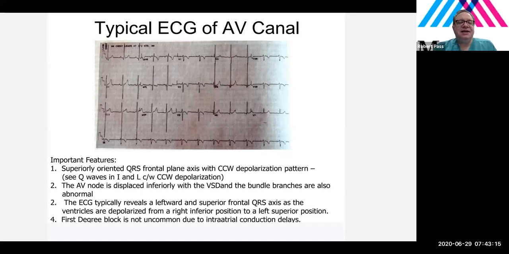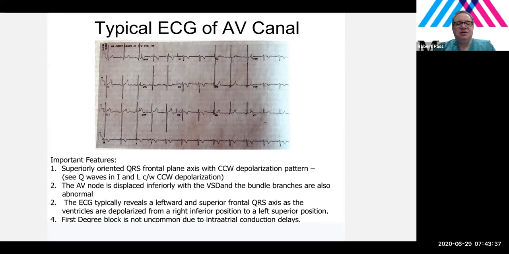We always are looking at the EKG when the echo suggests something other than an AV canal type defect. We look at the EKG to try and give us some hint as to whether or not there was evidence for an AV canal anatomically in some manner, but oftentimes that is not the case. But this would be a very classic ECG of someone with an AV canal.